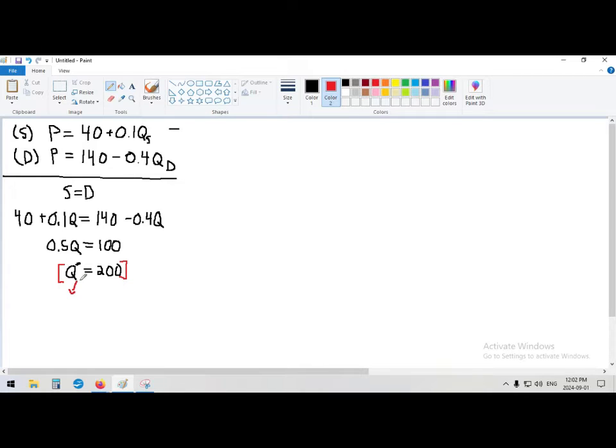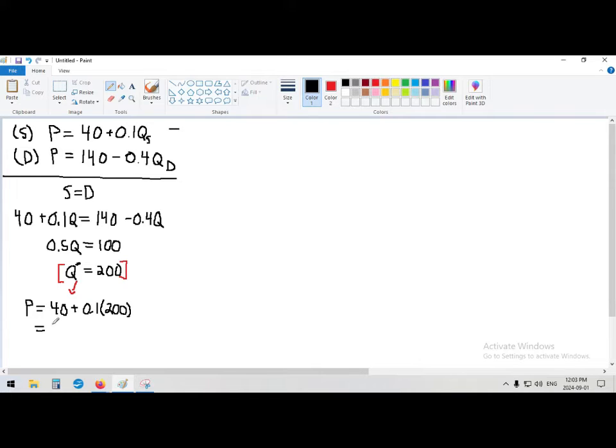And then to find the market price, we can plug this into either supply or demand. It doesn't matter at the equilibrium, so let's just plug it into supply. We get P is 40 plus 0.1 times the quantity.